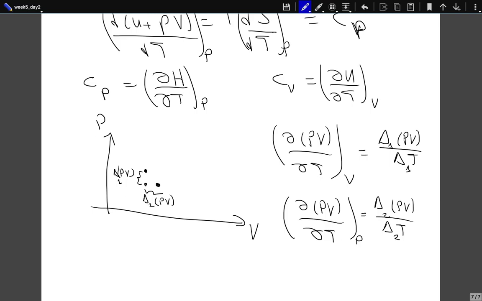You see, also keep in mind that PV is equal to NkT. It's just a special case. It's not valid in general. It's only for the ideal gas. And for the ideal gas, I can tell you that these two derivatives are the same. But in general, I don't see why they should be the same.